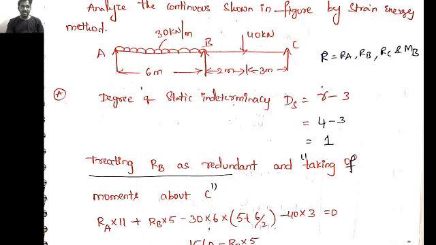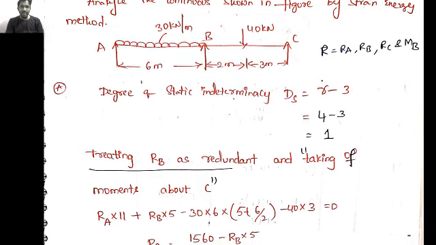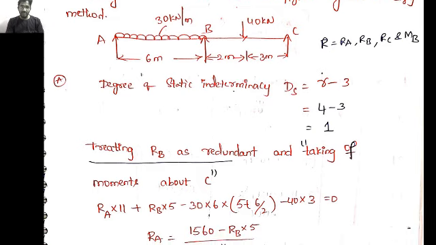The partial derivative of strain energy with respect to the redundancy will be a minimum. Again, the partial derivative of strain energy with respect to the redundancy will be a minimum, and minimum means it must be equal to 0. That is the concept involved in this problem, so that's why I am taking RB as the redundancy.